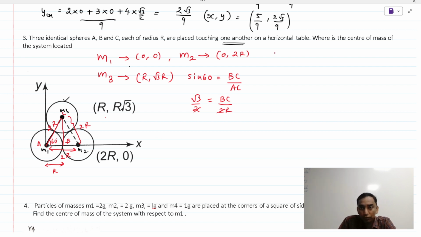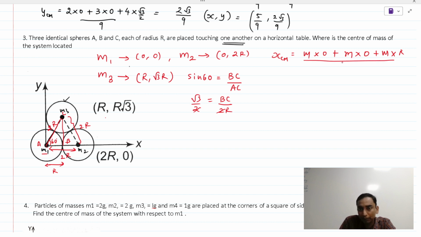Now simply I am supposed to find out the XCM. So XCM is equal to m1 x1. So, three identical spheres, so all of them will have the same mass. So m multiplied by 0, plus m2 is again m with its x coordinate 0, and then the third one, m3, so plus m times the x coordinate, which is r, it is half of 2r, so it is r, right?